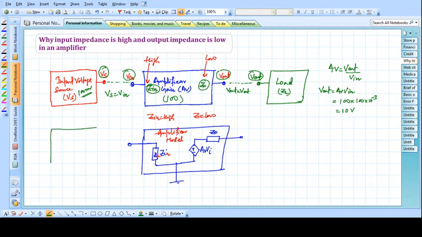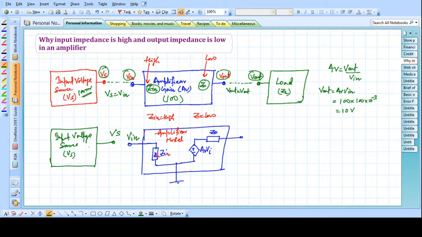For the source, I am again making an input voltage source, that is our Vs. Okay, so this should be a Vs. And this one is our Vin.